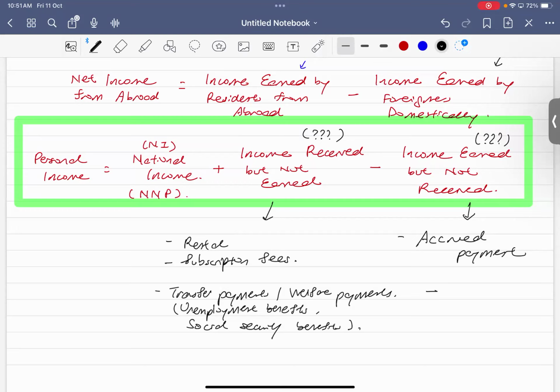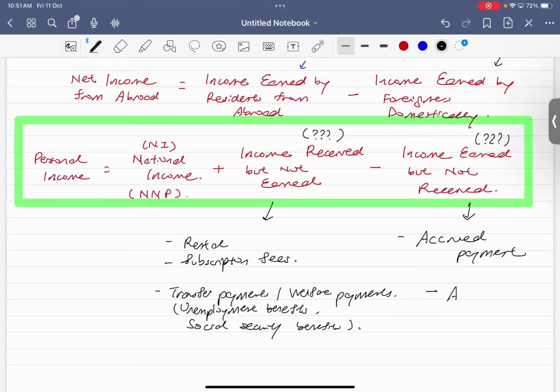Let's say you invest in a company, for example company ABC. Company ABC says that by this month they will give dividends to the shareholders. That means you have earned this income already, but have you received it yet? No, you only receive it by end of the month.